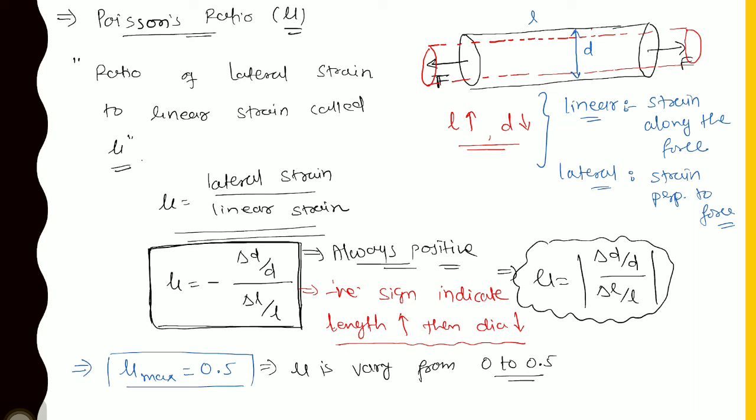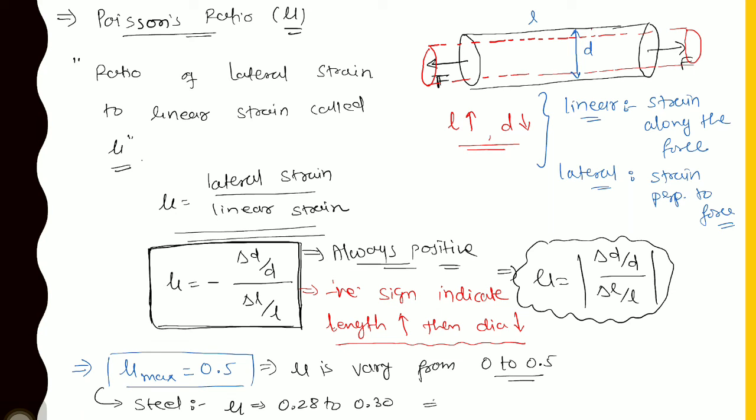Okay, some MCQs are asked based on theory, so you must remember these values. If you consider steel, mu varies from 0.28 to 0.30. Okay, so mu is in the range of 0.28 to 0.30.